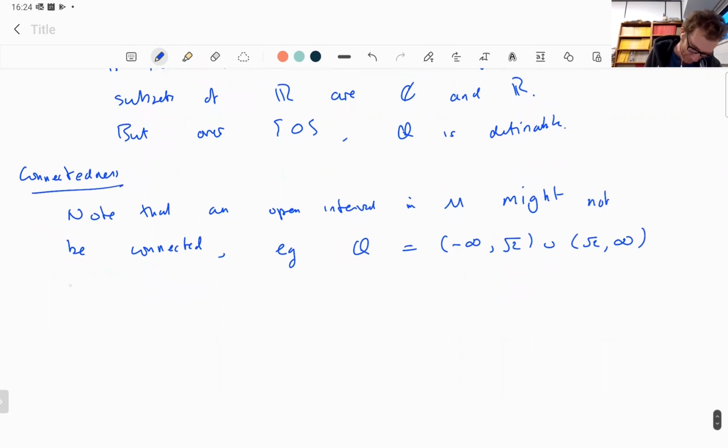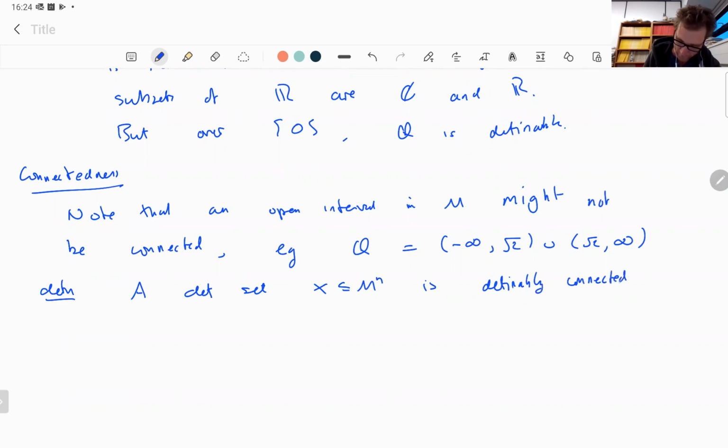Definition: a definable set X is definably connected if you can't write it as the union of two disjoint definable open subsets of X.